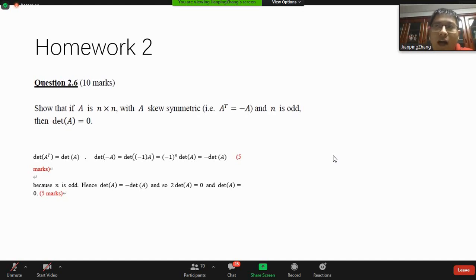So we extract all the negative ones outside the determinant, because we have n rows and n columns. So the power of -1 is n. So we will have a factor of -1 to the power of n in front of your determinant result. So the determinant of -A is equal to (-1)^n times the determinant of A. So you can use the property to get the determinant of A directly.